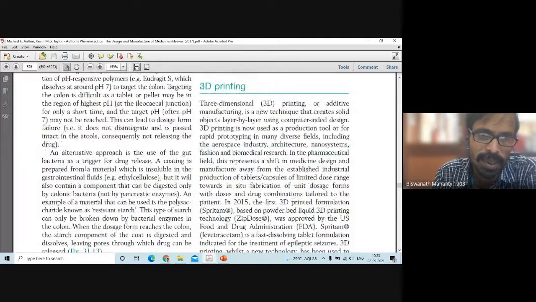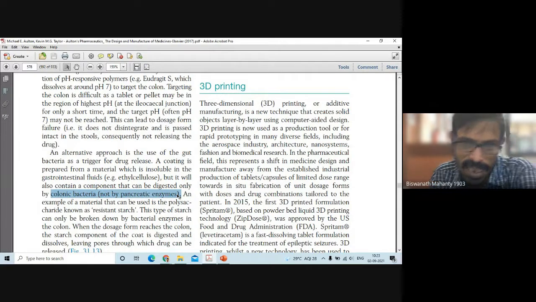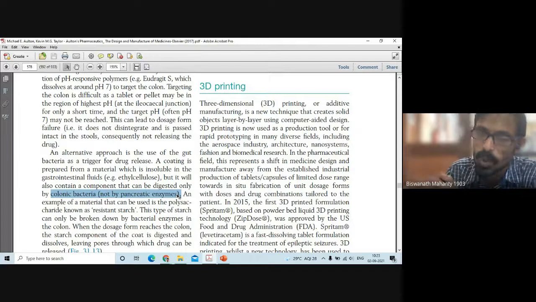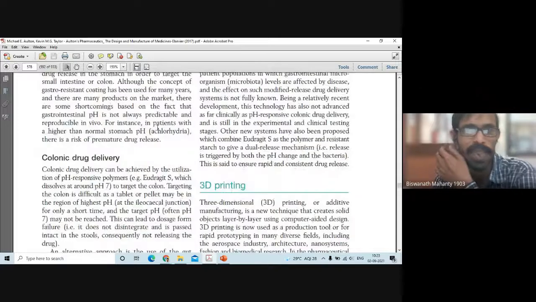Okay, they are going to make some ethyl cellulose based membrane, and colonic bacteria can do this degradation. So when I have this kind of resistant molecule where a specific group of bacteria can produce some enzyme and break it down, that can also give you colonic drug delivery approaches, or a strategy we can consider.